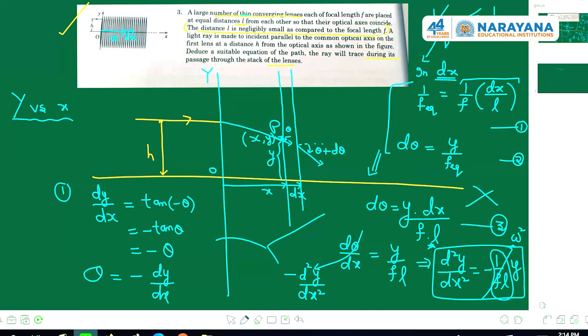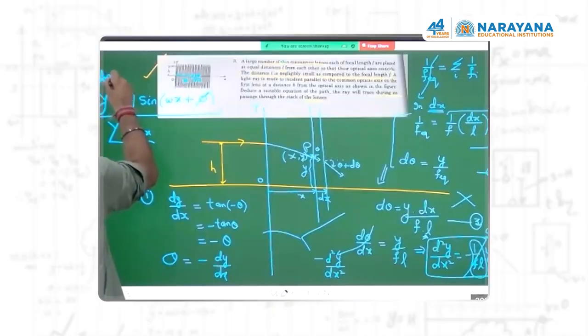There it is d2x by dt2 is equal to minus omega square x. And instead of t, we have got an x here. So I can simply say the root is y is equal to some a sine omega x plus some constant, call it phi. That should be the result to the problem.